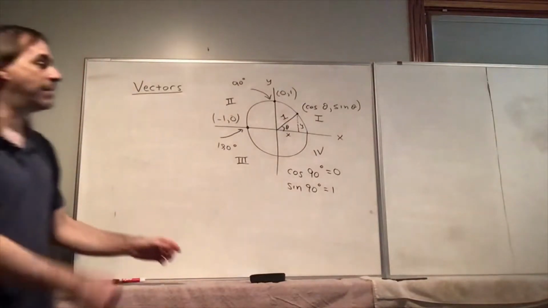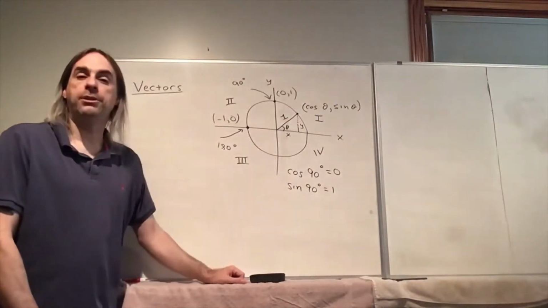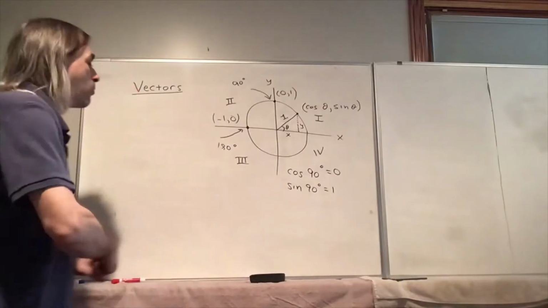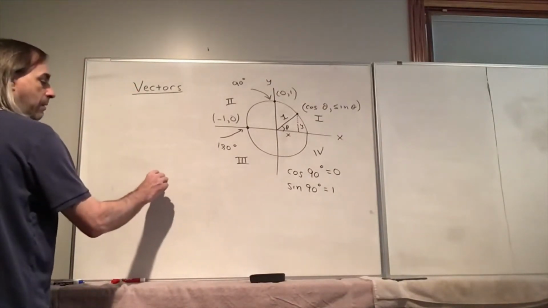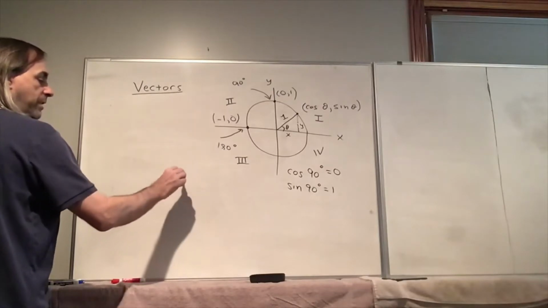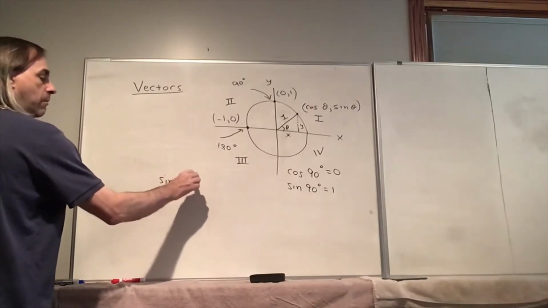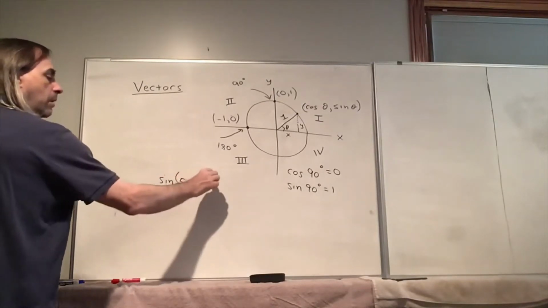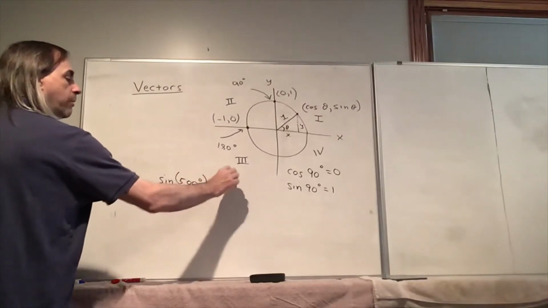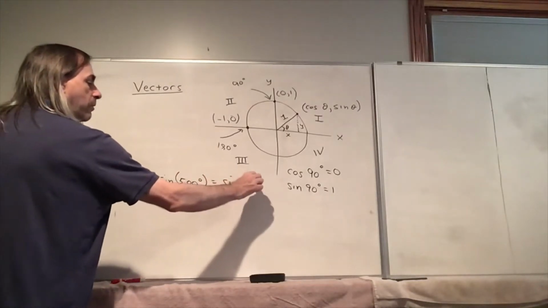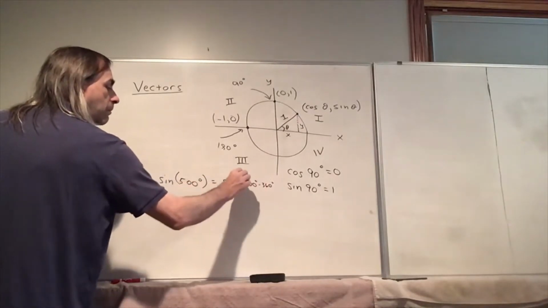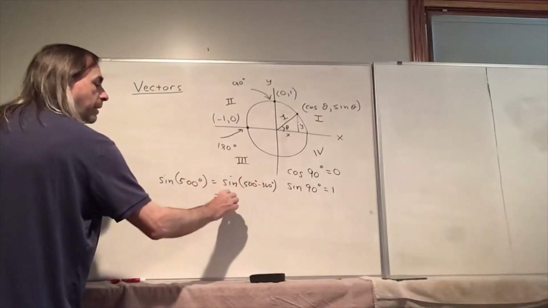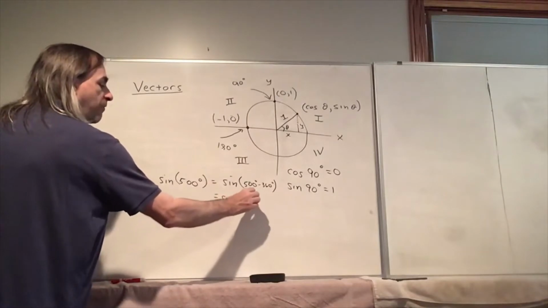And we can also handle angles greater than 360 degrees. There's a rule, for any trig function, let's just say sine of, say, 500 degrees. That's also equal to the sine of 500 minus 360 degrees, which would be sine of 140 degrees.